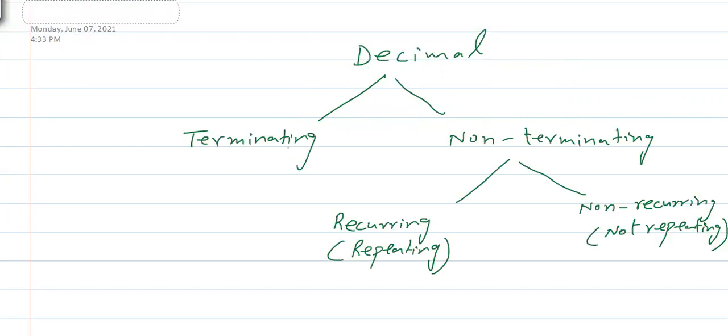Now I will come back here. Keep in mind, in decimals, terminating ones are always in Q, meaning they are rational. When I write Q, Q means rational, and Q dash means irrational.